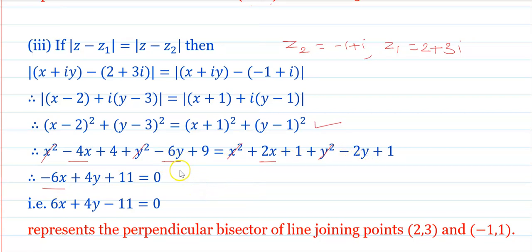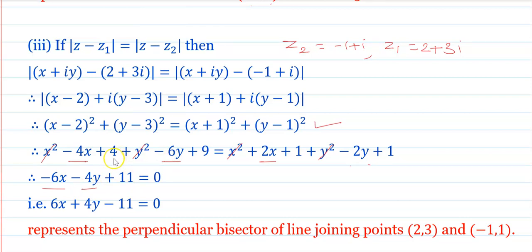It will become plus. Okay. And therefore, you will get here minus 4x, and again if we take this plus 2x to the left hand side, it will become minus 4x minus 2x, you will get minus 6x. If we take this minus 2y to the left hand side, it will become minus 6y plus 2y, you will get minus 4y.